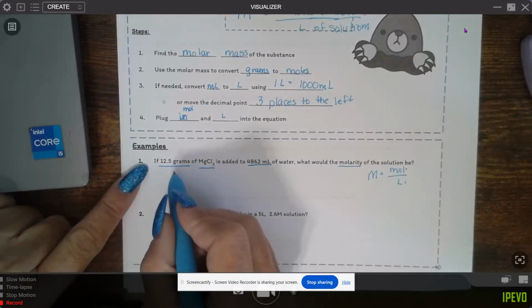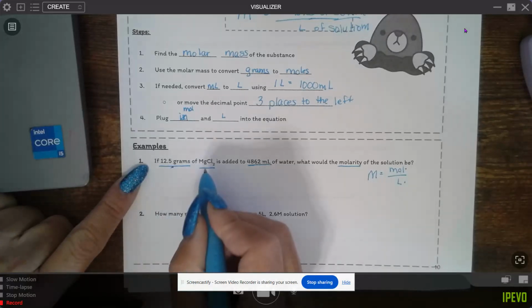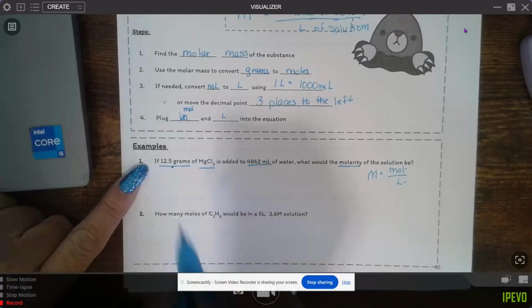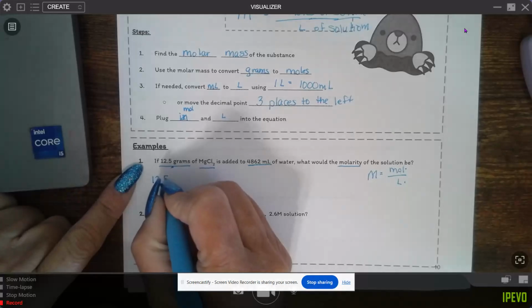So what we're going to do first is convert this 12.5 grams of MgCl2, magnesium chloride, to moles. We've done this so many times. We need the molar mass.